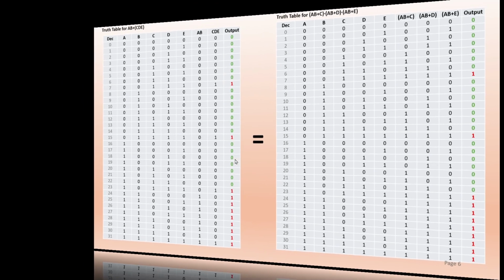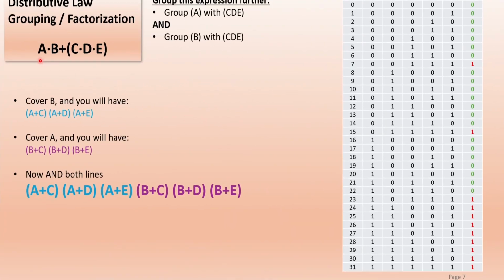All right. Now that expression here, we could group it further if we want. So if you cover B, let's just put something on top of B. We're just going to cover B. All right.